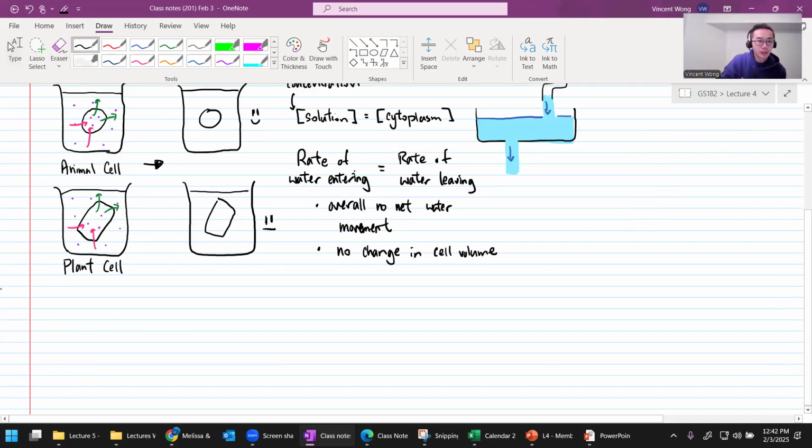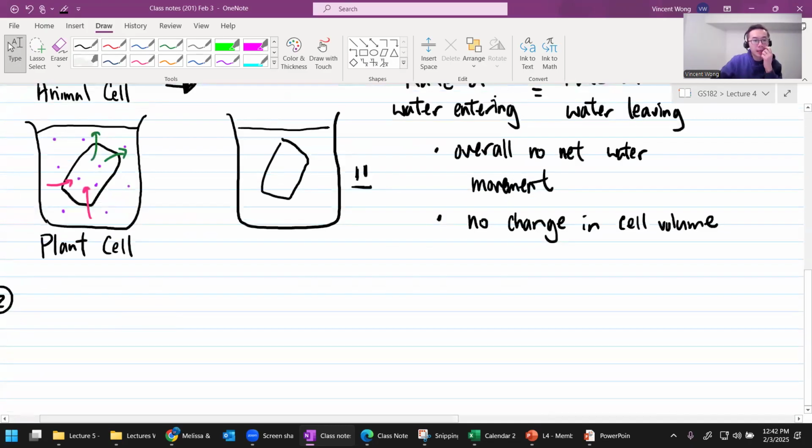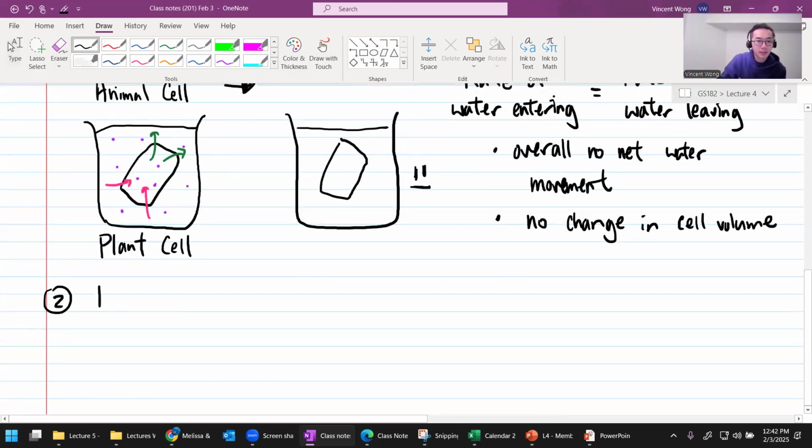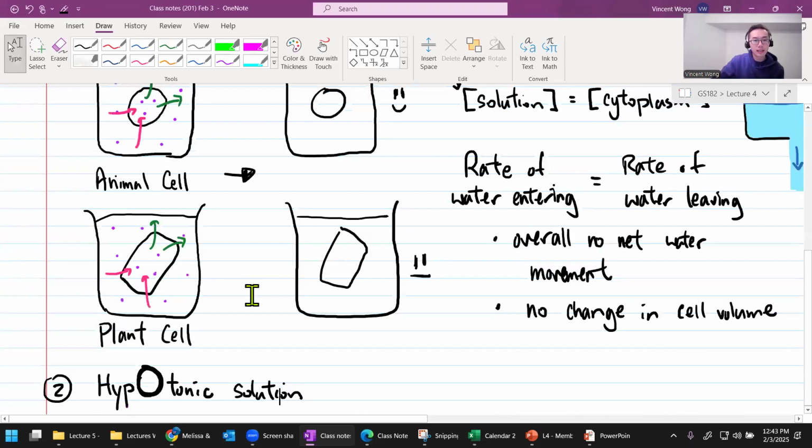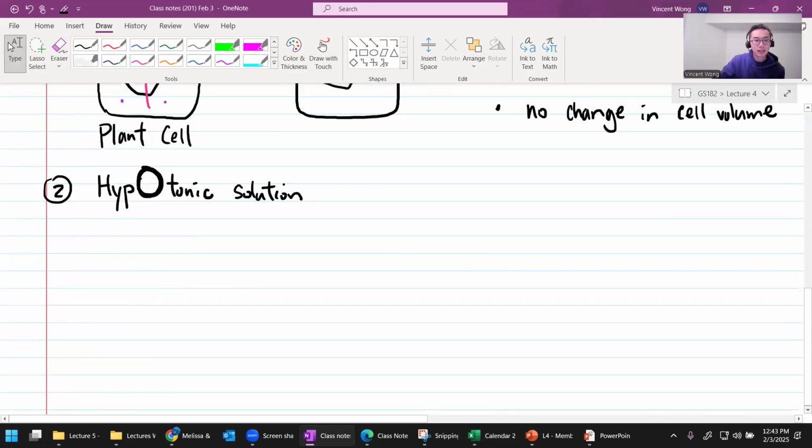Case number two. Let's do hypotonic. I want you to write the O really big. Hypotonic solution. This one was isotonic, and now we have hypotonic. So let's do our animal cell again, in our lovely beaker.